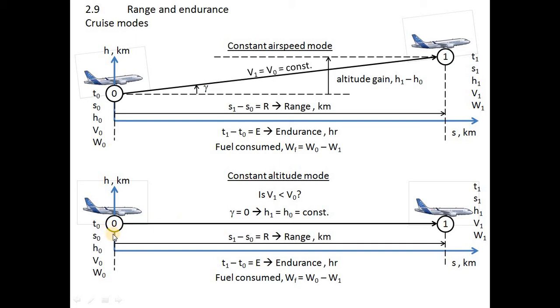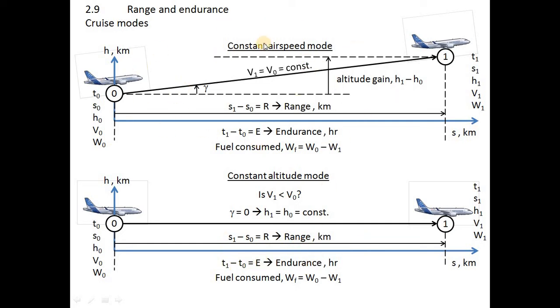So since the altitude is constant, you don't allow the aircraft to climb up, but the weight is reduced, because the fuel is consumed. So by that, the aircraft must slow down. To remain at the same altitude, it must slow down. So the velocity v1 will be less than v naught. In this case, the gamma will be 0, altitude is constant.